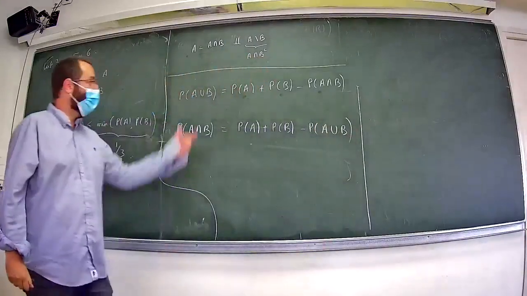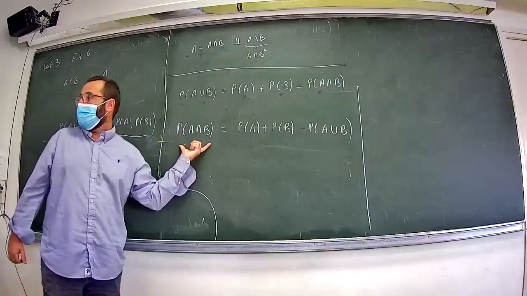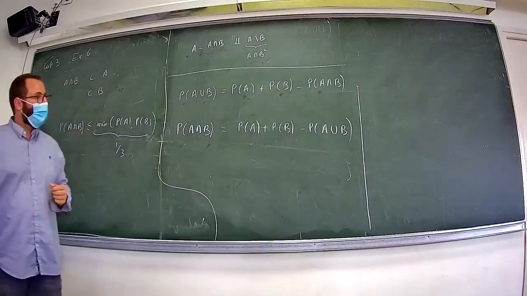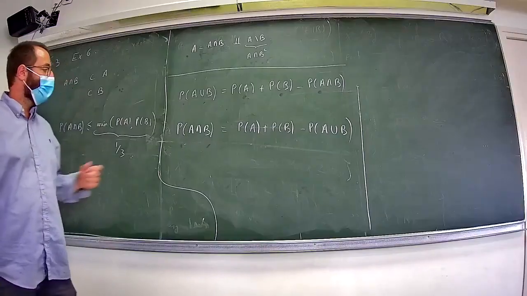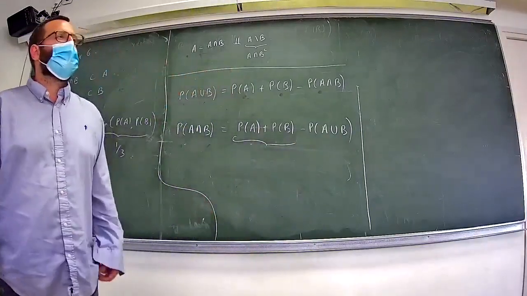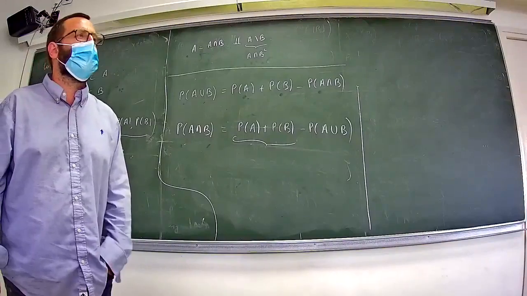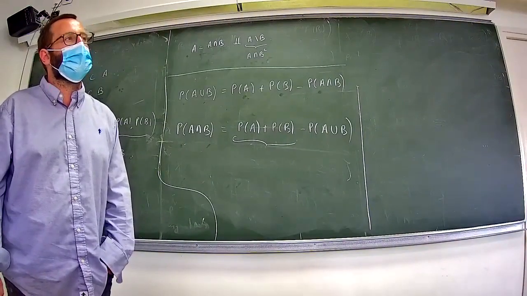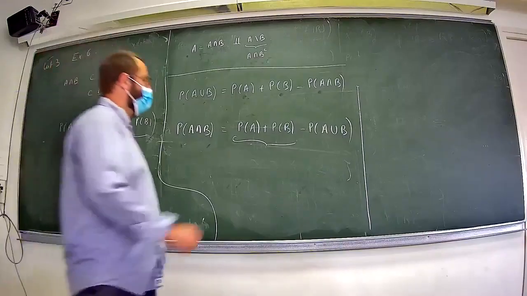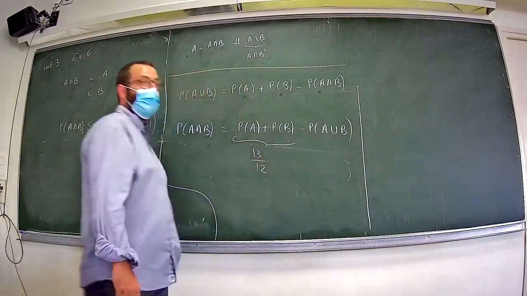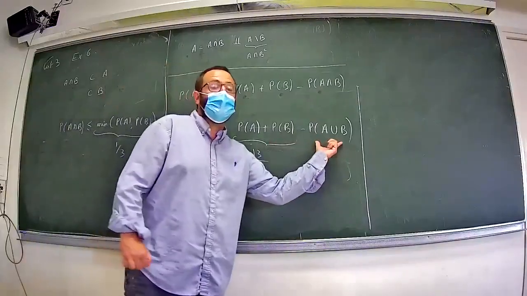We use this formula in general, but here we have this. I know the sum of the two here. I have 3 over 4 plus 1 over 3. So I put everything over 12, okay? So I have 13 over 12 for this one and for this one.